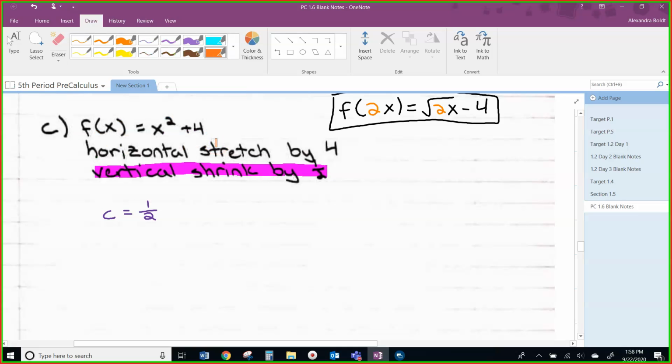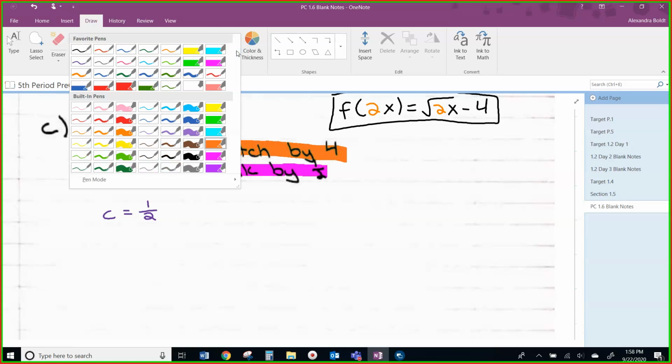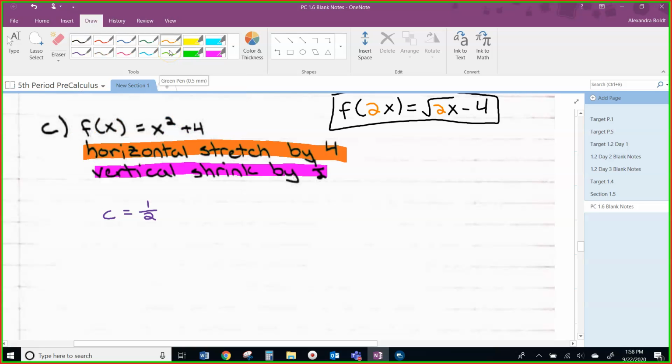For horizontal, that's where it's kind of like the flip of it, right? So whatever it is, 1 over c is what equals 4. If it helps you to always solve it the same way, this is the same as 4 over 1. Every number can be put over 1 to have it be a fraction.